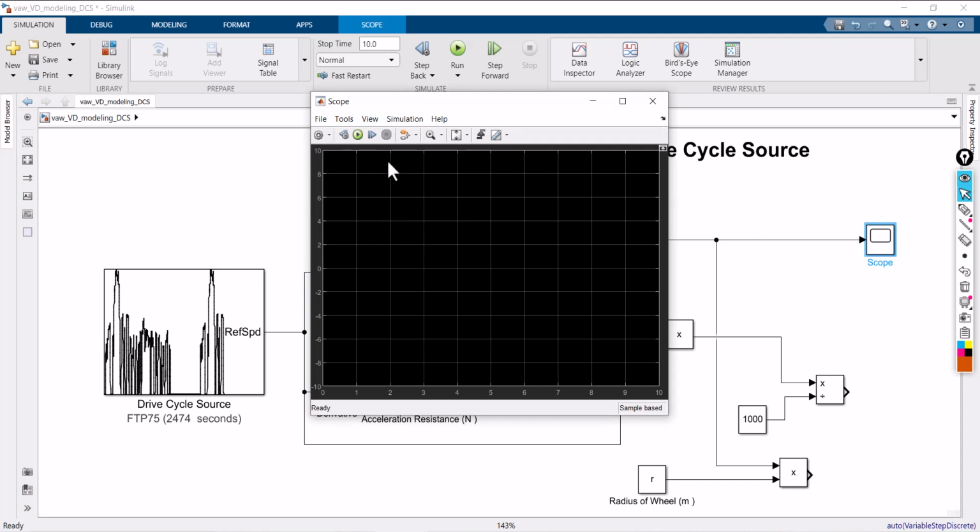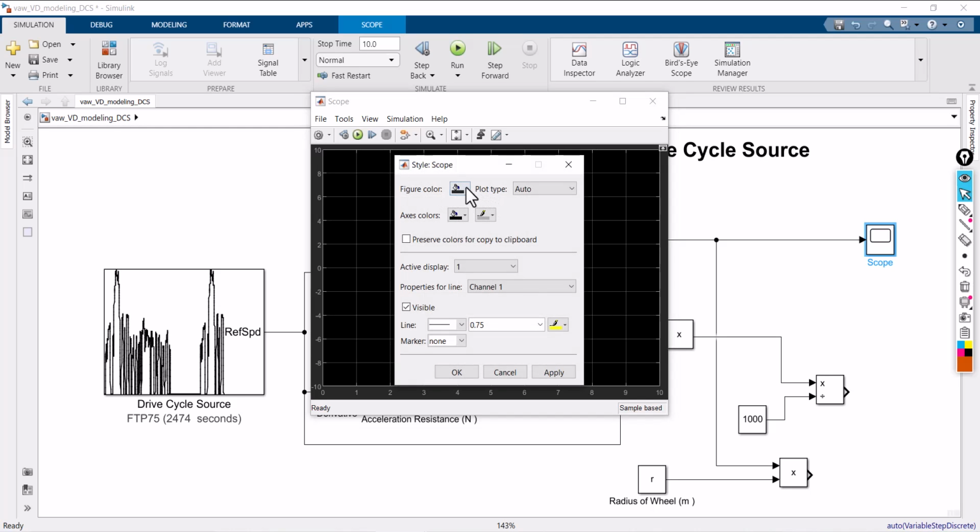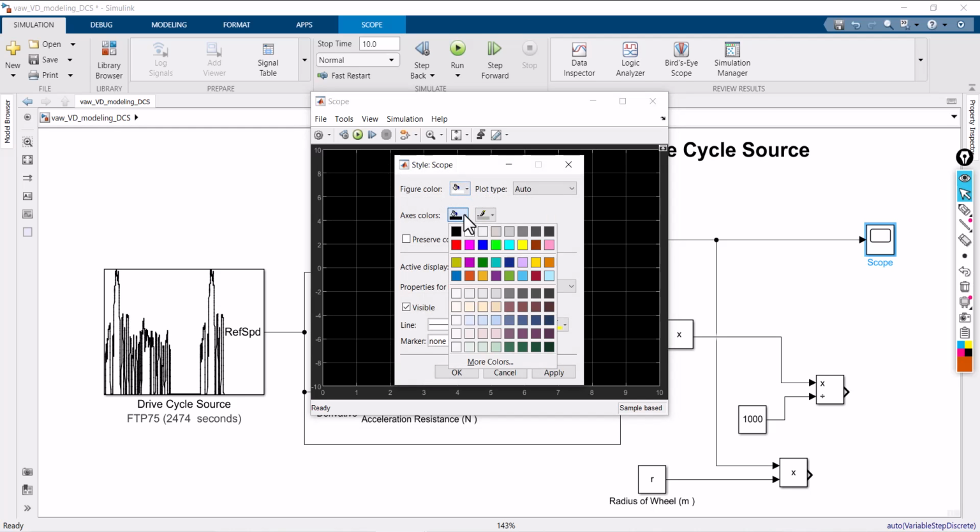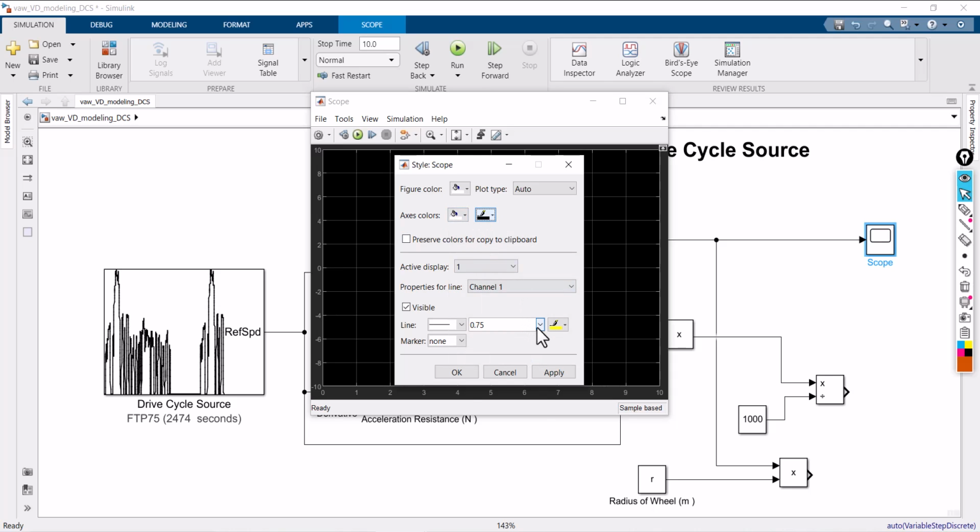Go to view, go to style. Take this figure color as white, axis color as white, pen color as black. Take this one too.